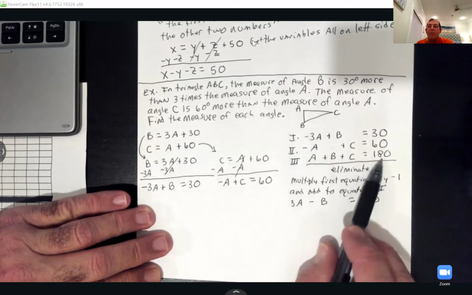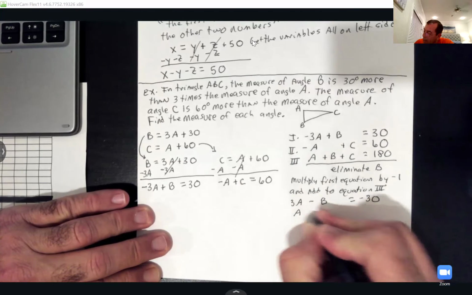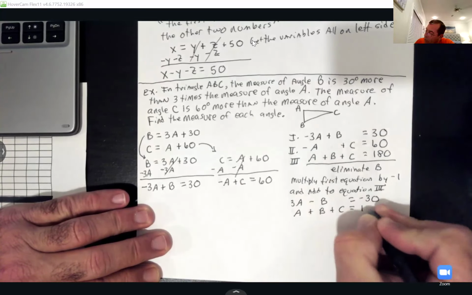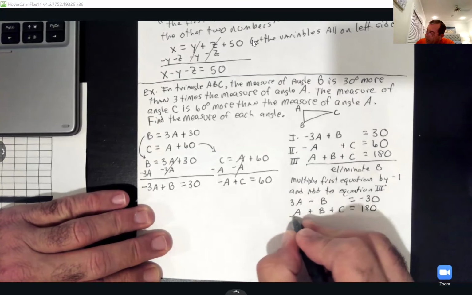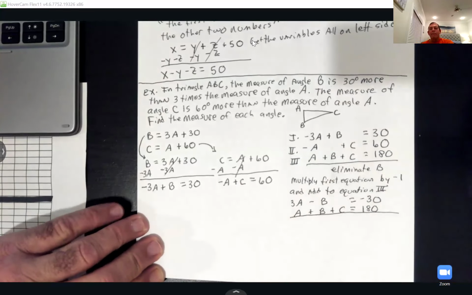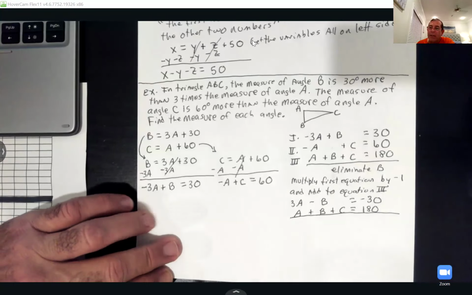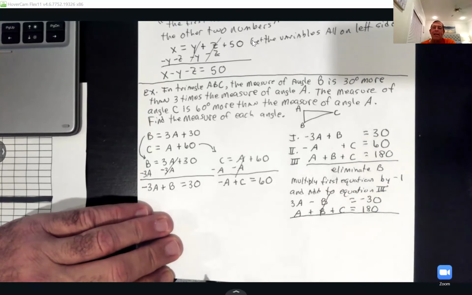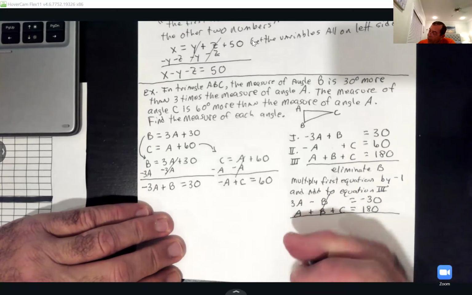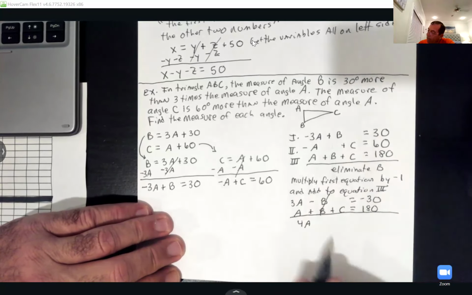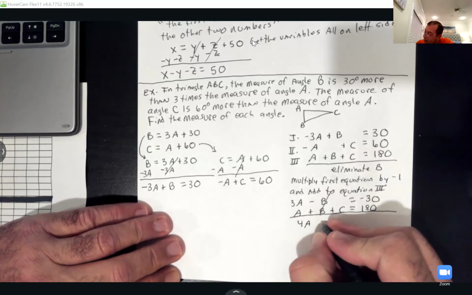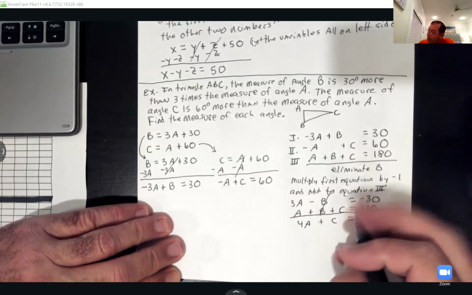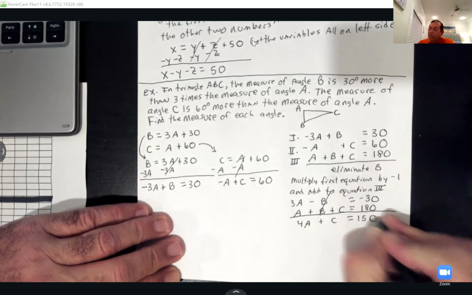Now I'm bringing down row 3, which was an A plus a B plus a C equaled 180. So my goal was to eliminate the B's, and y'all look at that. Them B's will cancel now when I add this. So 3 and 1 give me 4A. I got a plus C down here. And that's going to equal 180 negative 30. Give me a 150.